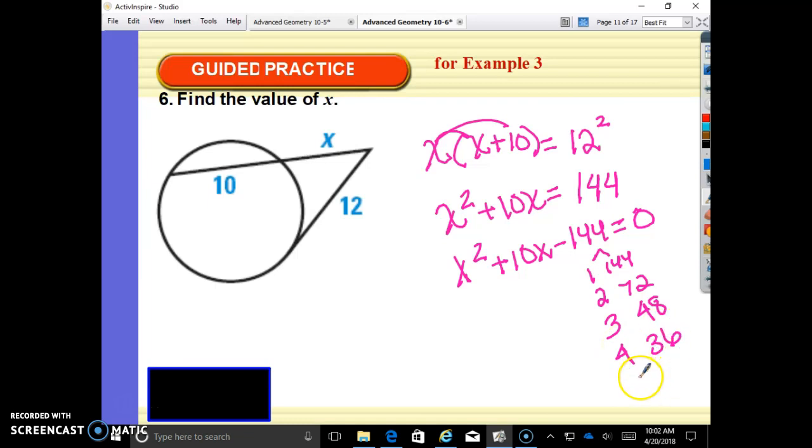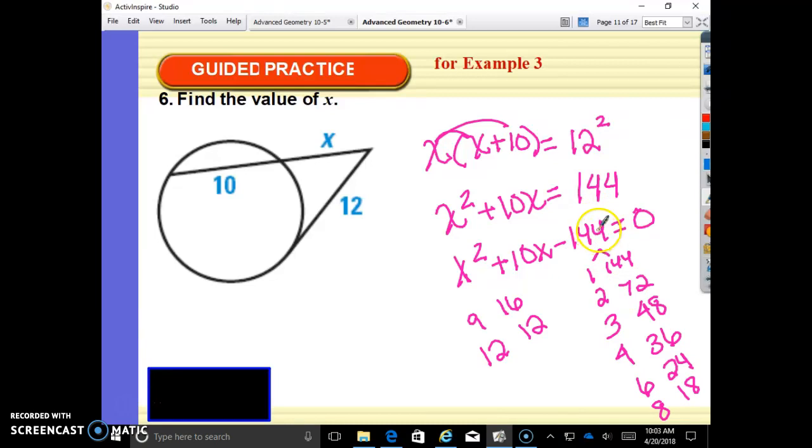Yeah. 5, no. 6, 24. 7, no. 8, 18. 9, 16. 10, no, it doesn't end in a 0. 11, no. 12 times 12, so we know we're done. These are all possible combinations of multiples of factors of 144.